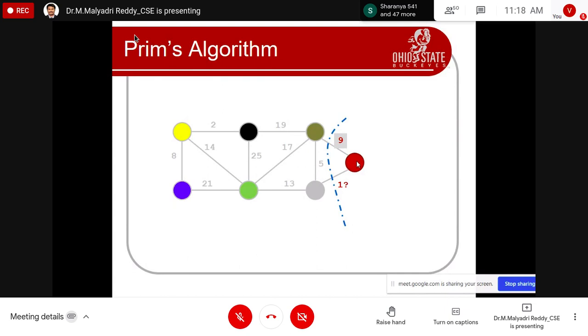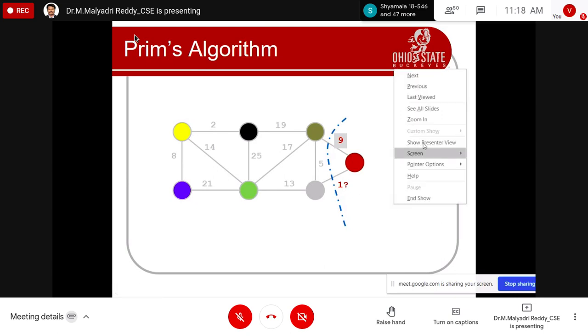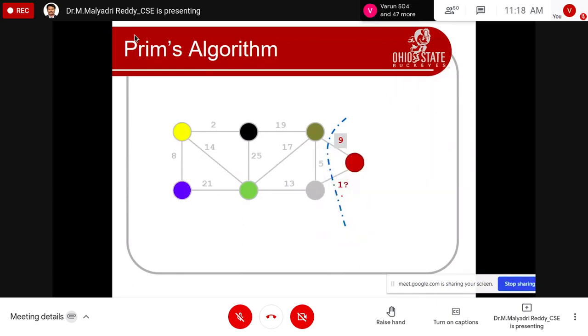So, you listen. From the red node, only 1, 2 paths are available, right? Yes, sir. So, from the smallest we choose. Which one is the smallest? Sir, 1. That one will be included into the tree. 1 is included. Okay, sir.